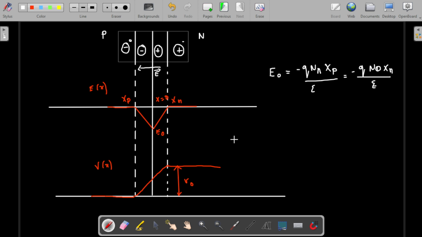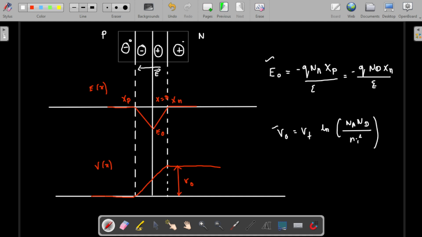The minus indicates that it is a negative region. And the built-in voltage V naught will be VT ln of NA ND divided by Ni squared. How to find these two formulas, I will show. No worries about that. In the upcoming series of lectures, I will teach how to get those values.